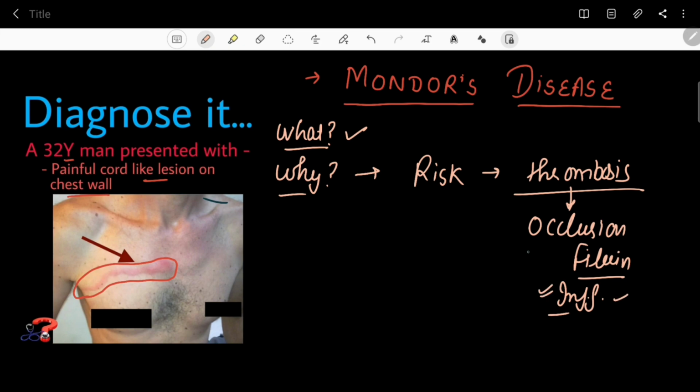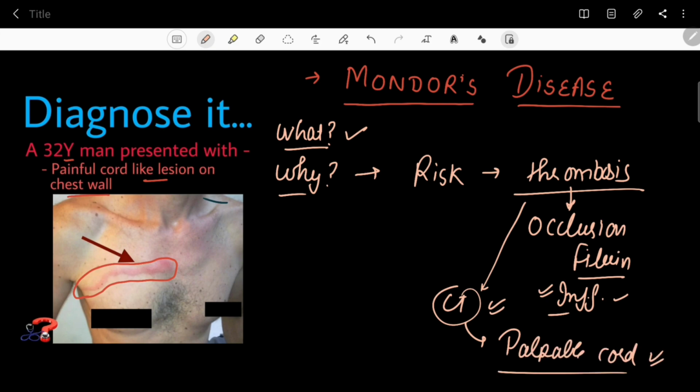Due to this inflammation, there is a gathering of connective tissue, which is deposited in the vessel wall and in the vessel as well. Due to this connective tissue, there is the palpable cord-like structure seen in Mondor's disease. Due to all these things, it takes around 4 to 8 weeks for recanalization of the vein. So it's not just the thrombosis, it is also the deposition of connective tissue, fibrin and inflammatory cells.